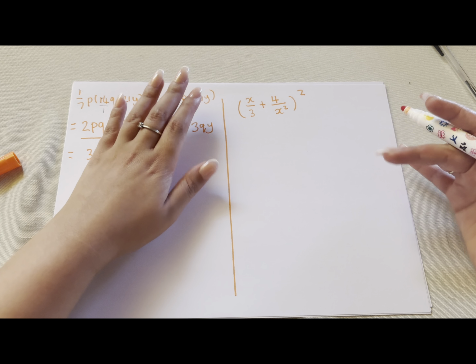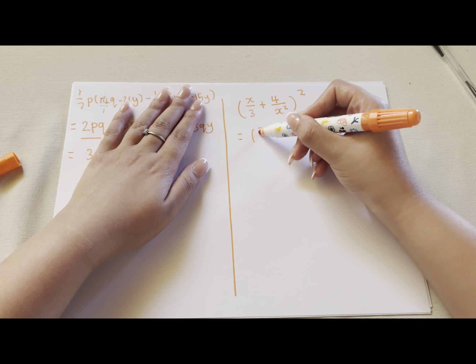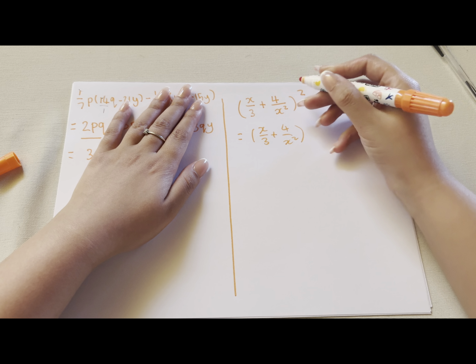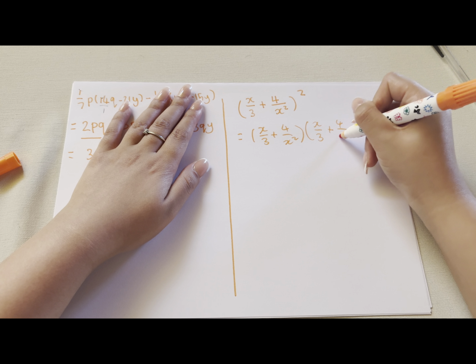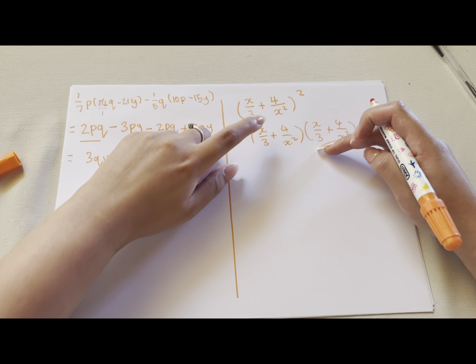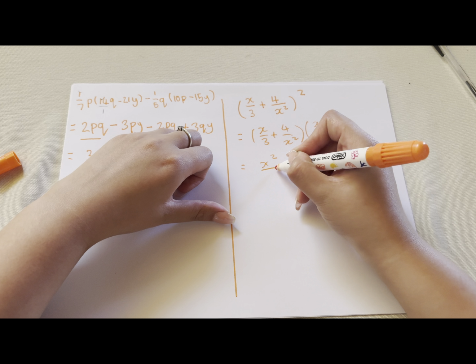The last one here, this is a binomial squared. So let's expand it. That's x over 3 plus 4 over x squared. And then you times it by itself. Applying FOIL first. X over 3 times x over 3 is x squared over 9.